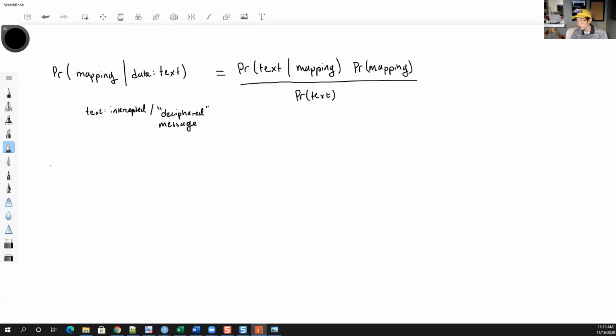Our likelihood is going to be the probability of the text given the mapping.